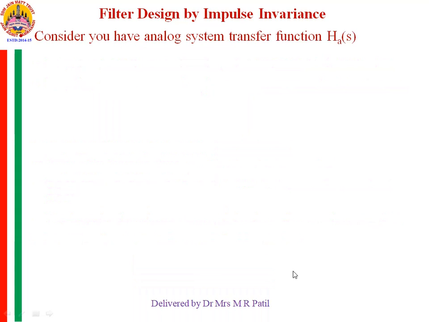Ts is the sampling period. Consider you have an analog system transfer function H_a of S. From now onwards I will tell you how to transform H of S, which is a filter transfer function in the S domain, to the Z domain, or to convert this analog specification to digital specifications.